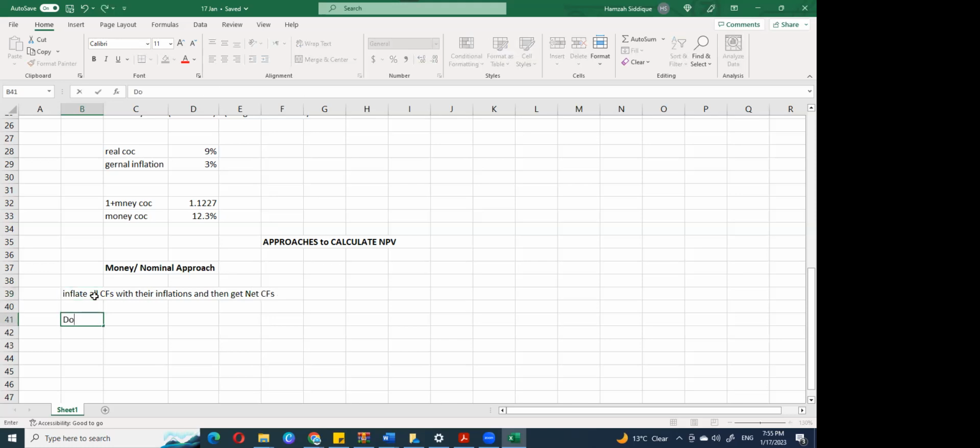Second, discount net cash flows using the money or nominal cost of capital. Very easy to get NPV. Straightforward method.